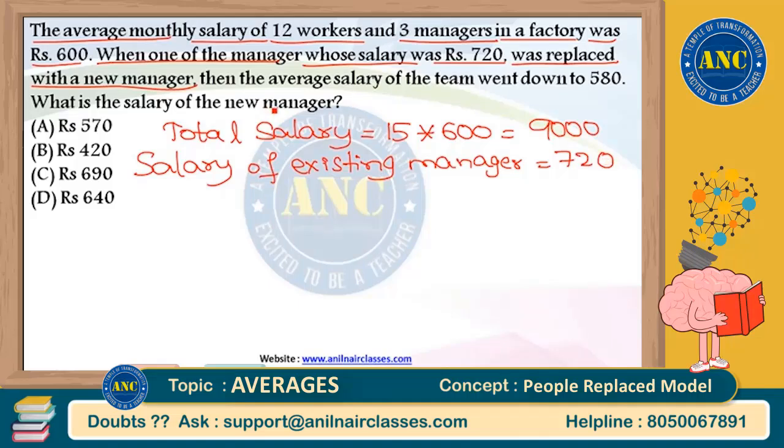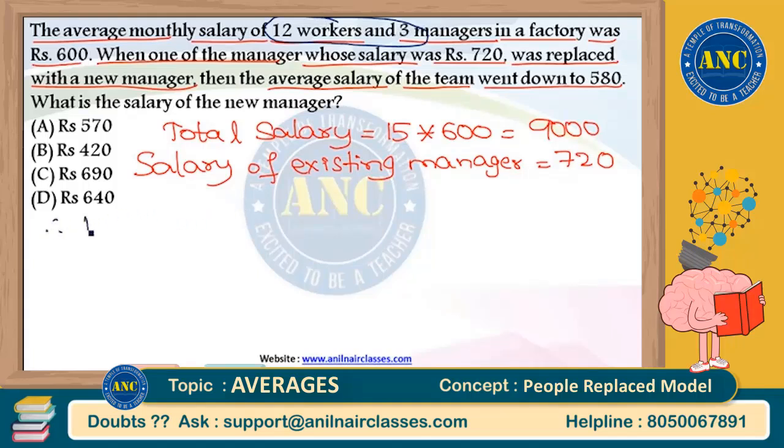Then the average salary of the team went down to 580 rupees. Because the new manager came, the average salary dropped to 580 rupees for a total of how many people? For a total of 15 people. Still there are only 15 people in this organization, right?